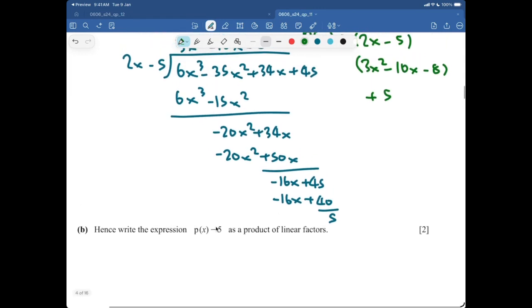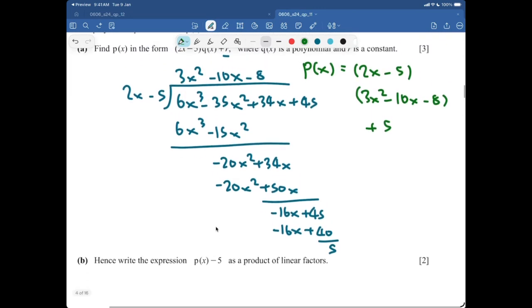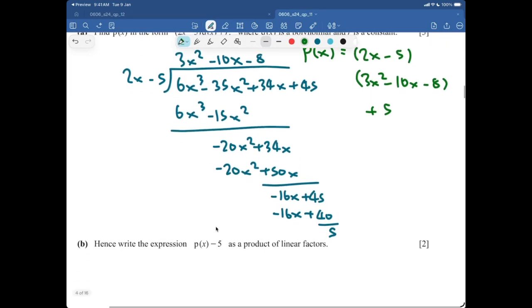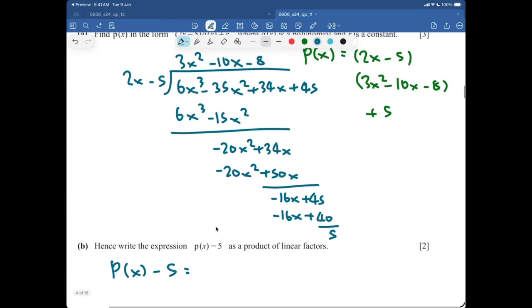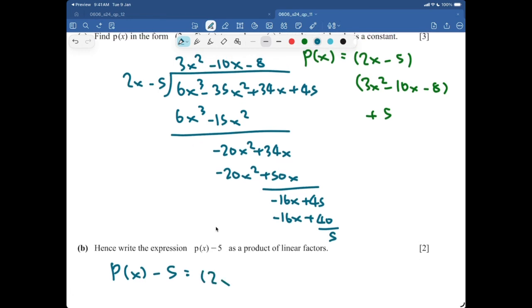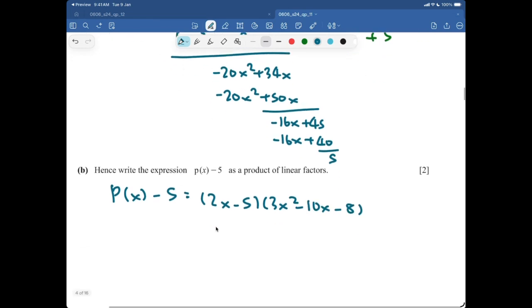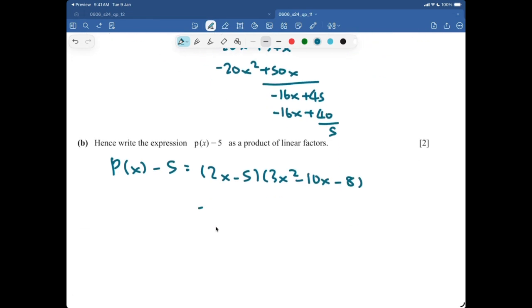Good, hence write the expression p(x) minus 5 as a product of linear factors. So p(x) minus 5, we look at the equation above, it's just (2x - 5)(3x squared - 10x - 8). So we factorize it further.